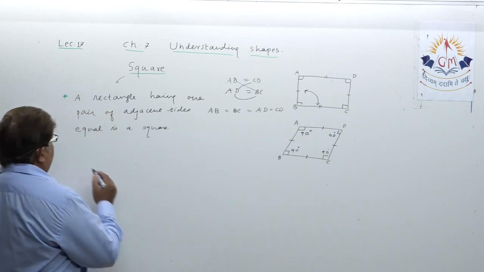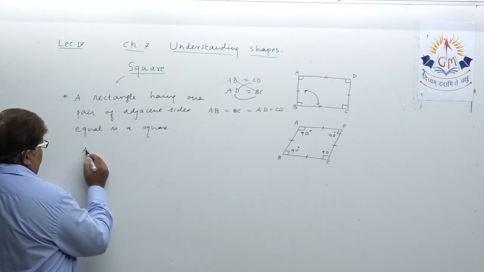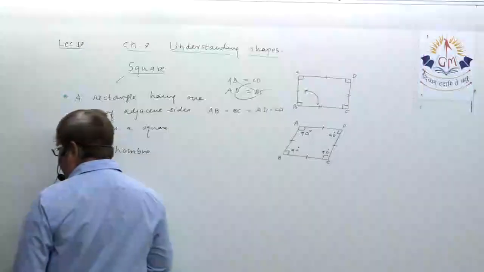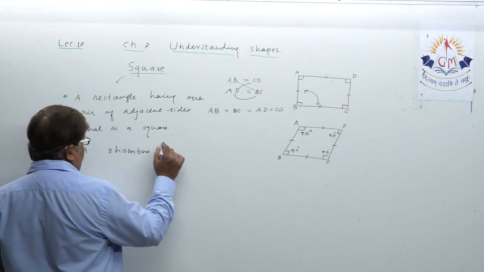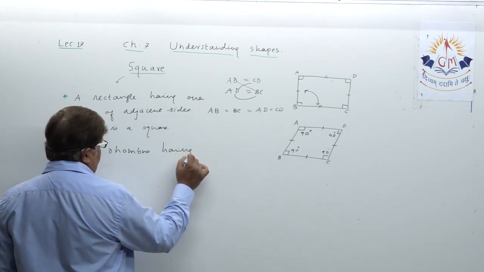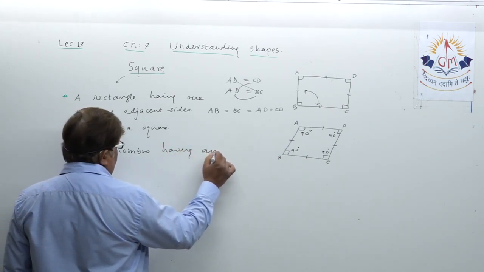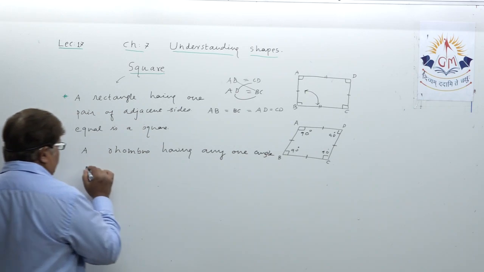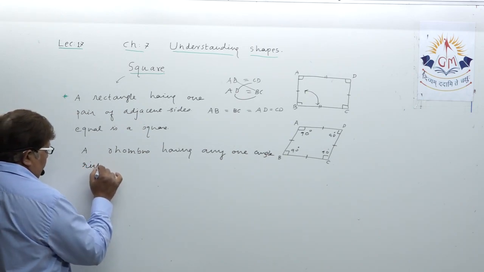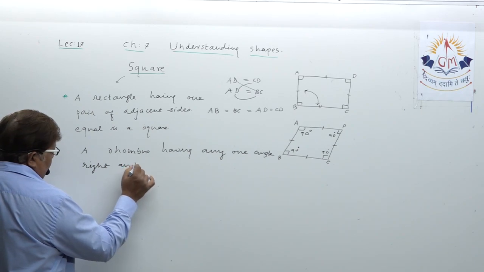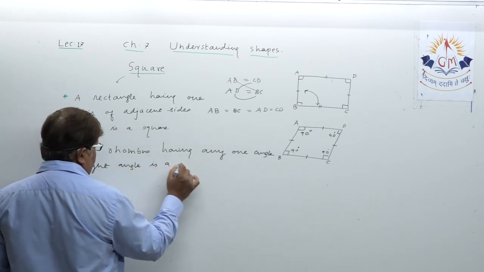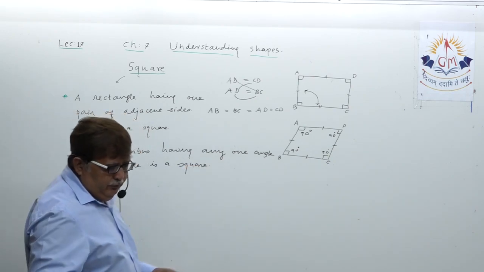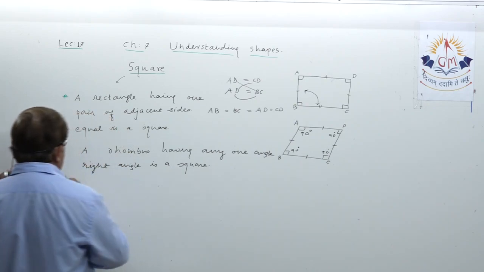Again, you can write it this way: a rhombus having any one angle a right angle is a square. You understood the second definition of the square from the fact you studied.